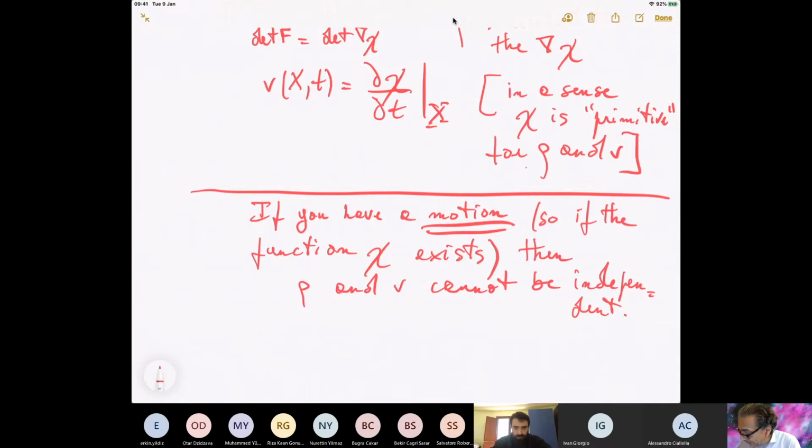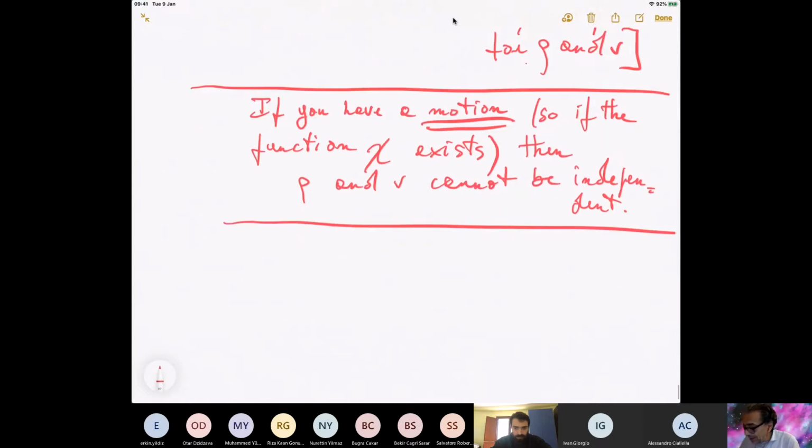And we must now find the relationship between rho and V, which is a consequence of the existence of placement.